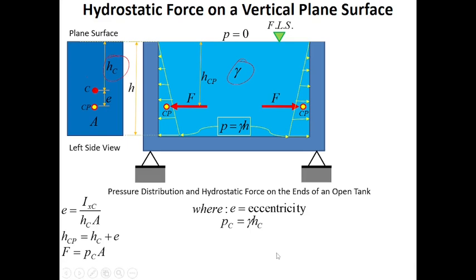So we can now proceed. Therefore, since PC equals specific weight times HC, F now is equal to specific weight times HC times area. Diba? So take note, C yung centroid, CP is the center of pressure.